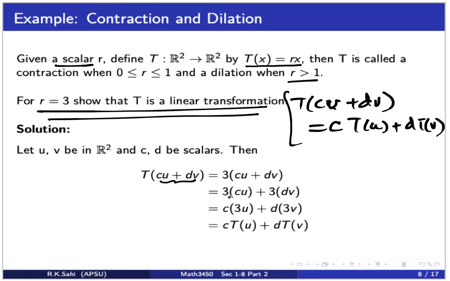Remember, c is a scalar, 3 is a scalar. We can interchange all these properties, and 3 and c can be interchanged. So we have c times 3u plus d times 3v. And then 3u is nothing but T of u, and 3v is nothing but T of v. So clearly, we have proved that T is a linear transformation.